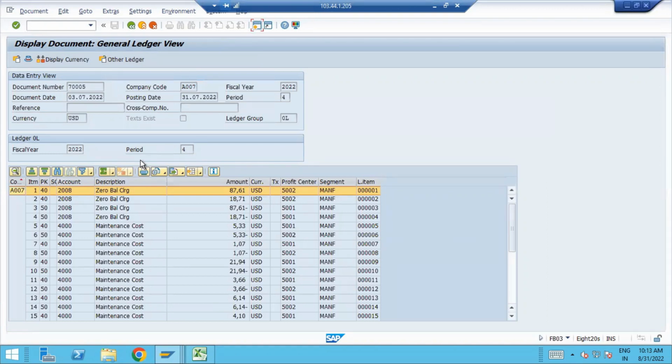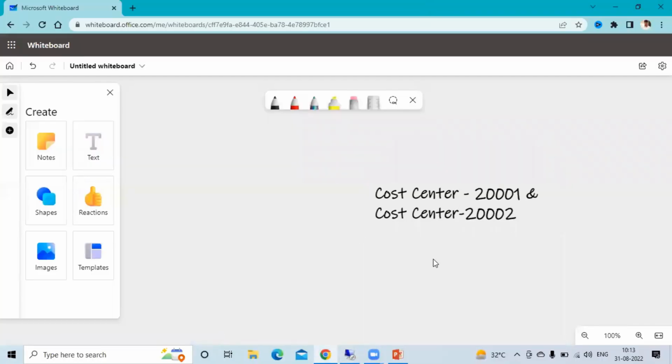Now come to the question. How is this document balanced here profit center wise? We are transferring the cost from these two cost centers, which are our sender cost centers. From here, we are transferring the cost to different production cost centers.